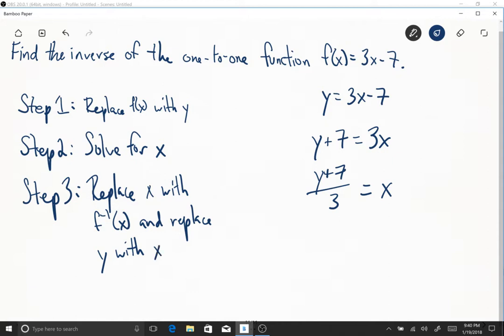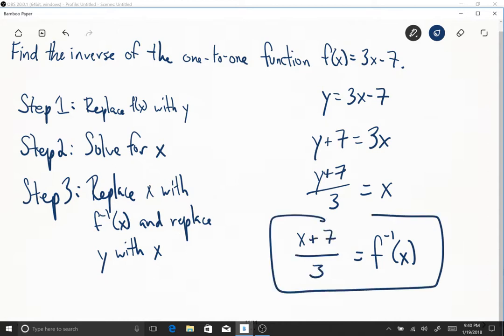So x has become f inverse of x, and the y has been replaced with x. And you are done.